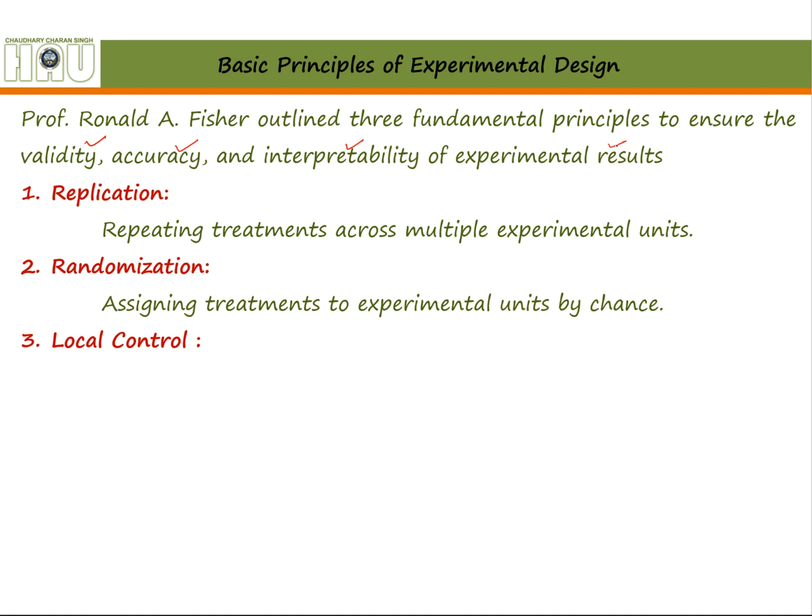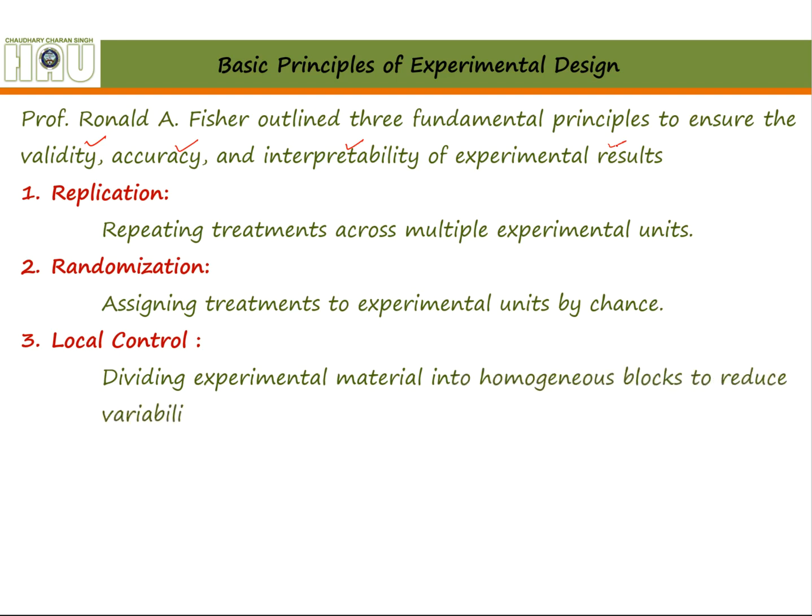So in order to maintain the homogeneity, we apply certain local management by, say, dividing experimental material into homogeneous blocks to reduce the variability. If you take an example in an agriculture experiment, the blocks or the replications may be formed based on the soil fertility gradient.